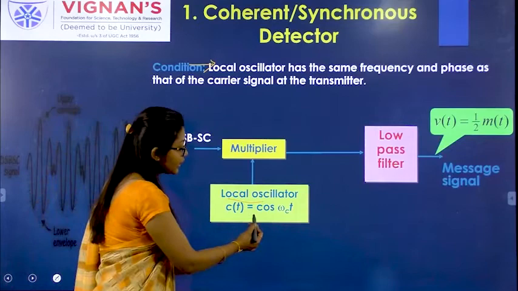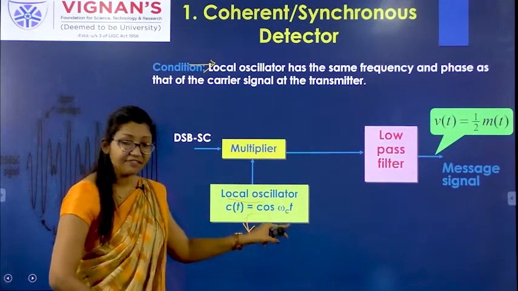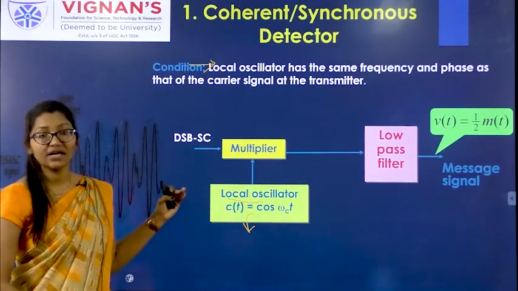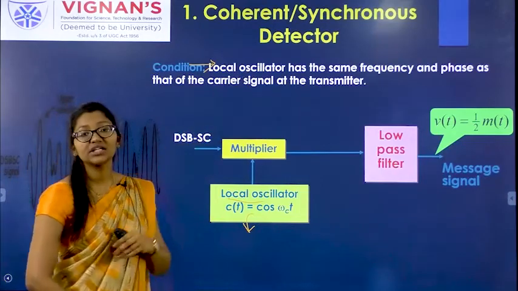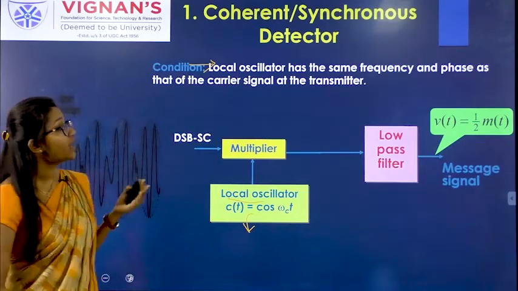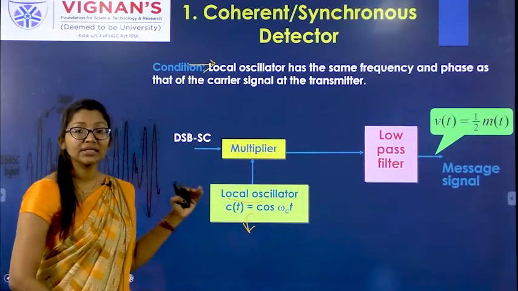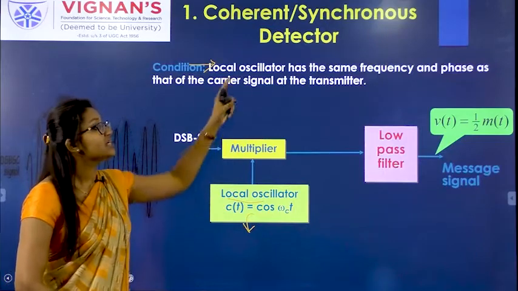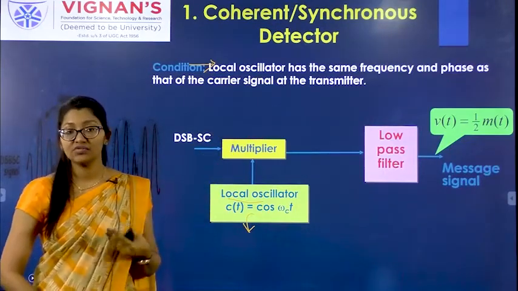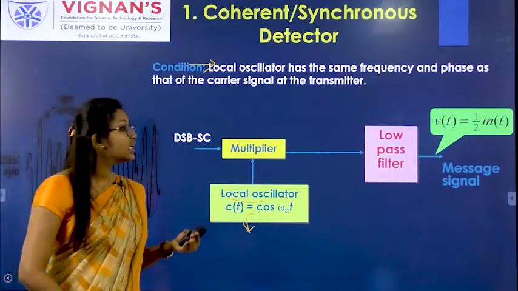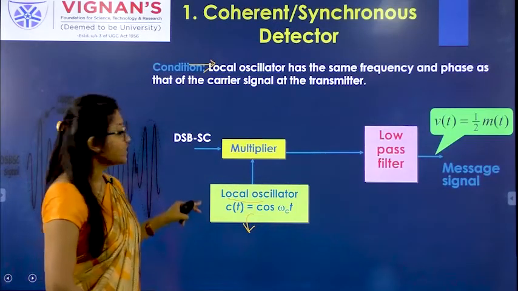So whatever carrier frequency it is generating should have the same frequency and same phase that you have taken at the transmitter side also. So that is how this detection takes place, right? Coherent or synchronous detector means the carrier frequency which you are taking at the receiver side must have the same frequency and phase as at the transmitter side. Otherwise, some effects will occur. So what are those effects, we will see in future slides. So this is the block diagram of this detector.